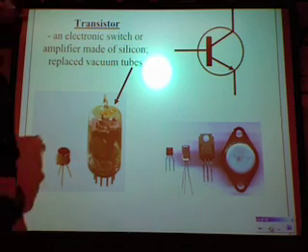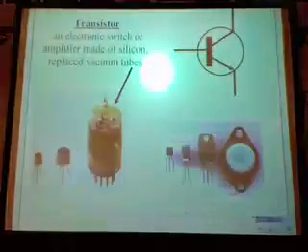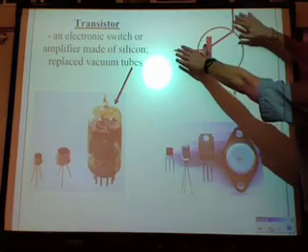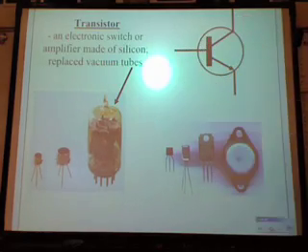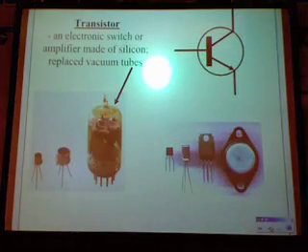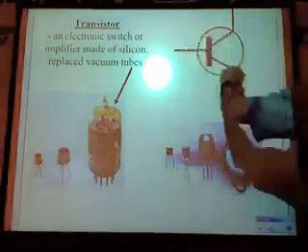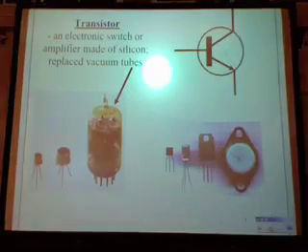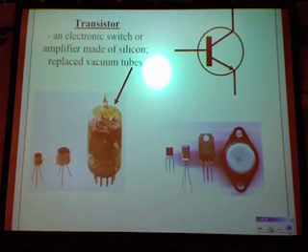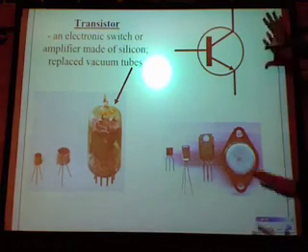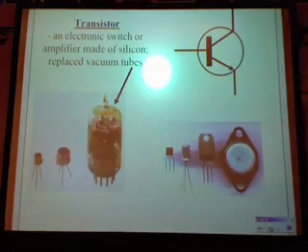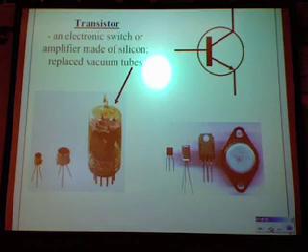Those are 2 of the common functions. See how we can control what flows through, which way it flows. The 3 connections are emitter, base, and collector. You don't need to know that, but how you hook this up is very important. Those 3 wires, they have to go in a certain way.